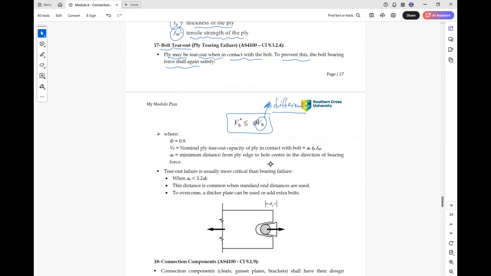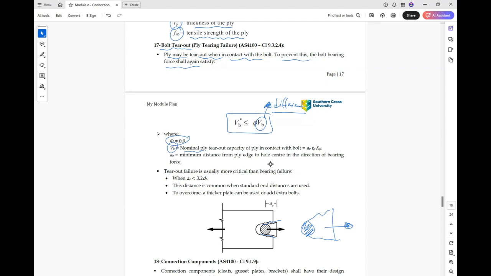As you can see here, due to the tension force on the bolt, the bolt will tear out the plate and take this part out. So all this part will come out of the plate. Okay, so in this case, V*b should be less than φVb, with phi 0.9 because it's for the plate.